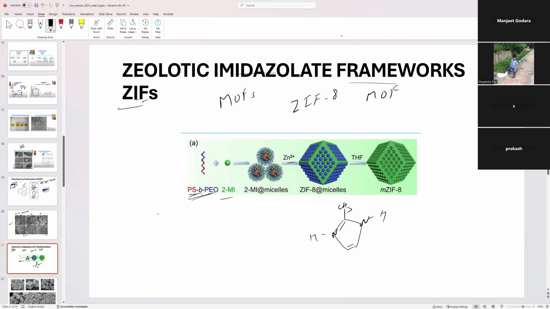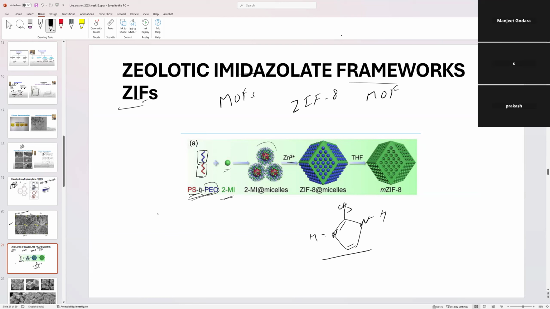So the polystyrene chains are in the red zone and the polyethylene oxide this way. So this is a block copolymer, and it's mixed with this linker, which is 2-methylimidazole. This forms spherical micelles. Then we add zinc to it.